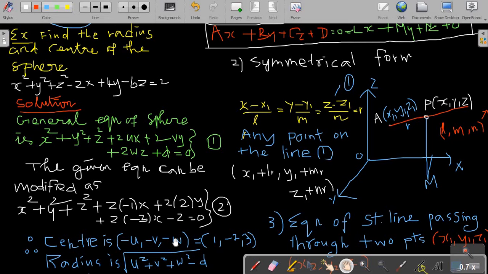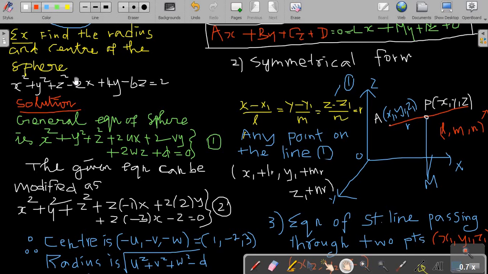So if you substitute those values, minus of minus 1 you will get 1, minus 2 you will get minus 2, and minus of minus 3 you will get plus 3. Therefore the center of the particular sphere given to us is (1, minus 2, 3).